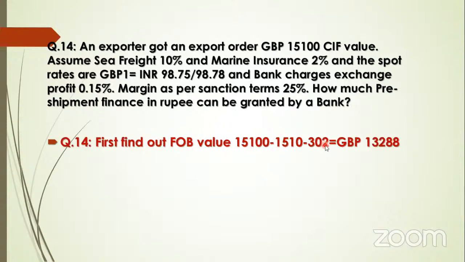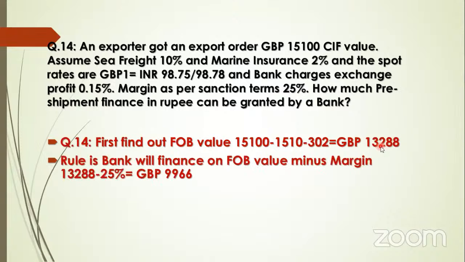Insurance, transit insurance. When you subtract this, you will get 13288. Agreed? Now you have to find out the margin. You have to deduct the margin because the entire thing you cannot finance. The sanction tells how much margin? 20% margin. So 13288 minus 20%. You will get pound 9966.